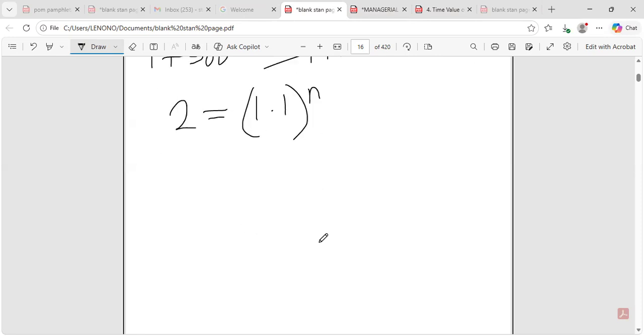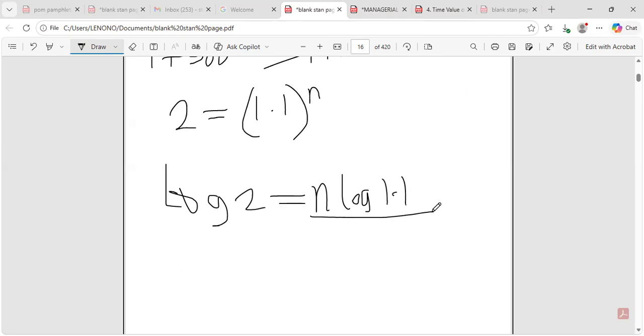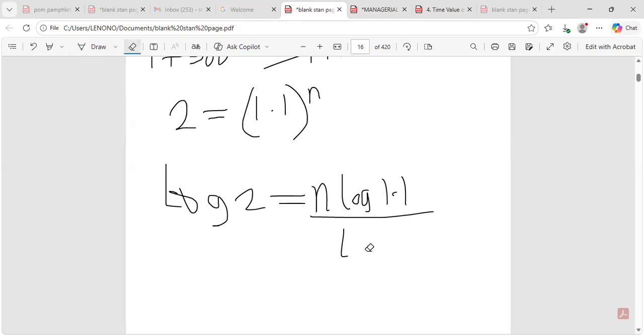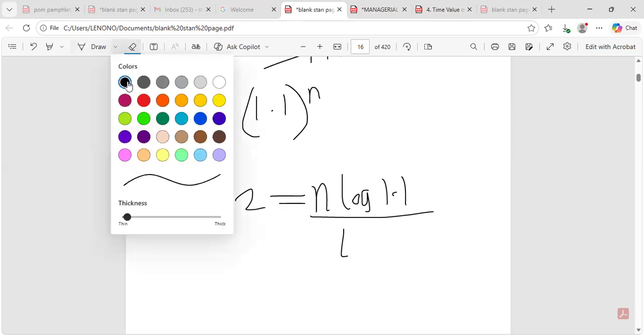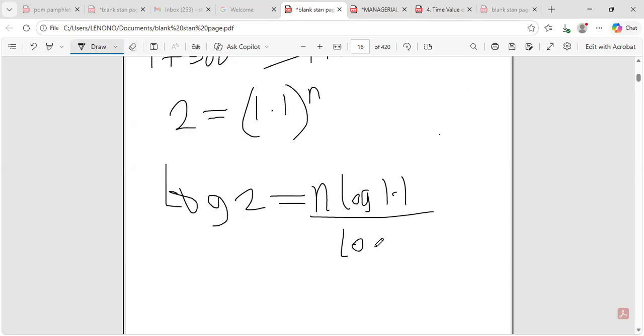So in this case, we introduce natural logarithms. So we just say log 2 is equal to n log 1.1. So divide by log 1.1, even here log 1.1.